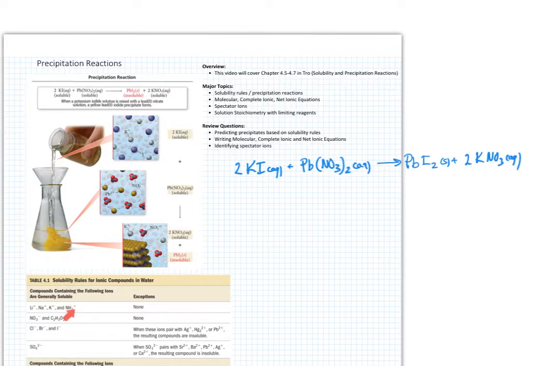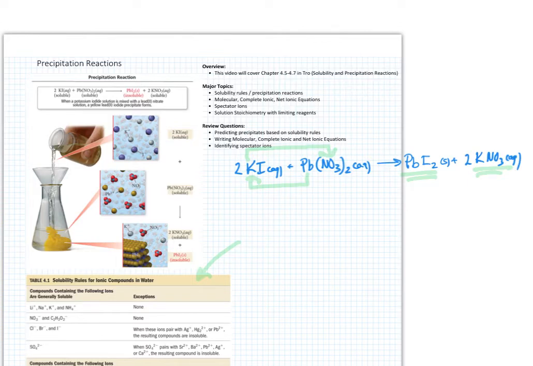And we talked about the solubility rules to determine which of the products are actually going to form solids and which ones aren't. The other thing we talked about was the fact that this was an exchange reaction. We take the cation from one and react with the anion from the other and exchange cations and anions, and then we look in the solubility tables to see which one's going to be solid, which one's not going to be solid.